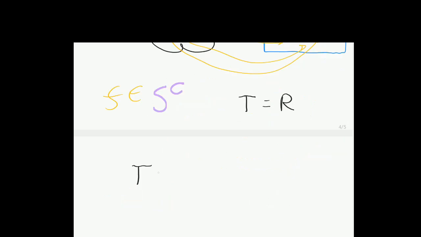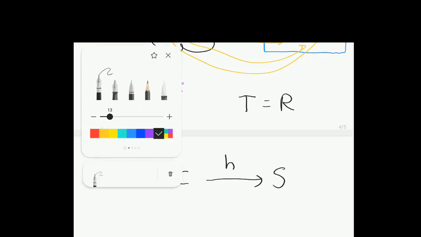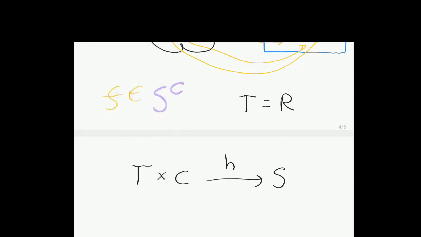So let's consider then what it would mean to have a map from T times C to S. Let's think about, say, a map H. So what would that mean? Well, what this map would be doing would be sending every time, little t, which would just be a real number basically, and every particle, little p, of our cloud to a particular place in space.